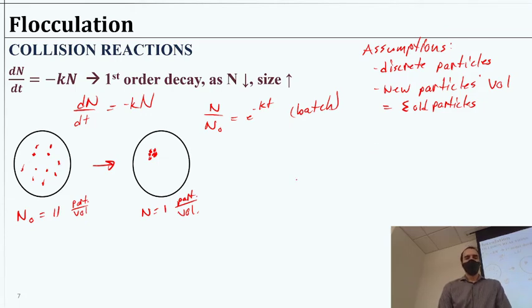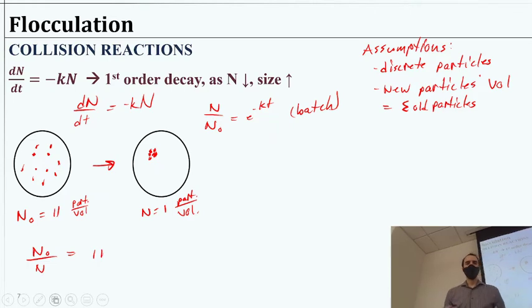Okay. So in this case that I drew here, we see that if we say n naught over n, which is backwards from the n over n naught, it's inverted, this is equal to 11 in this case, right? Because we said we had 11 in the first place. Now we have 1. So n naught over n is equal to 11. Of course, you could say n over n naught is equal to 1 over 11.